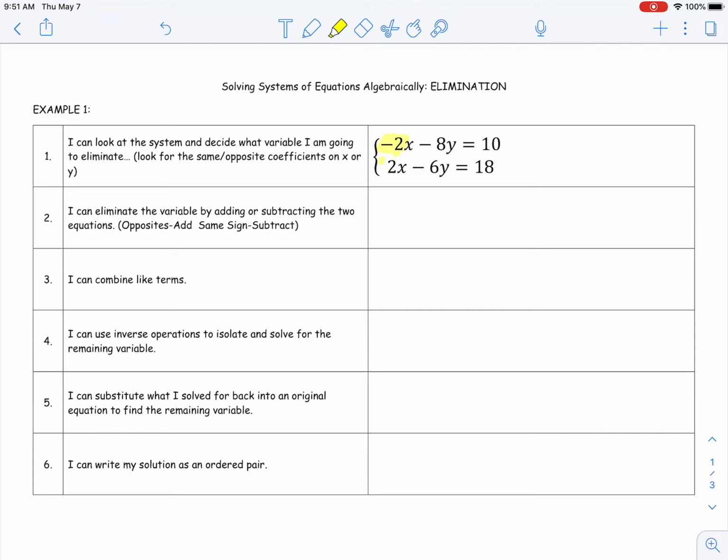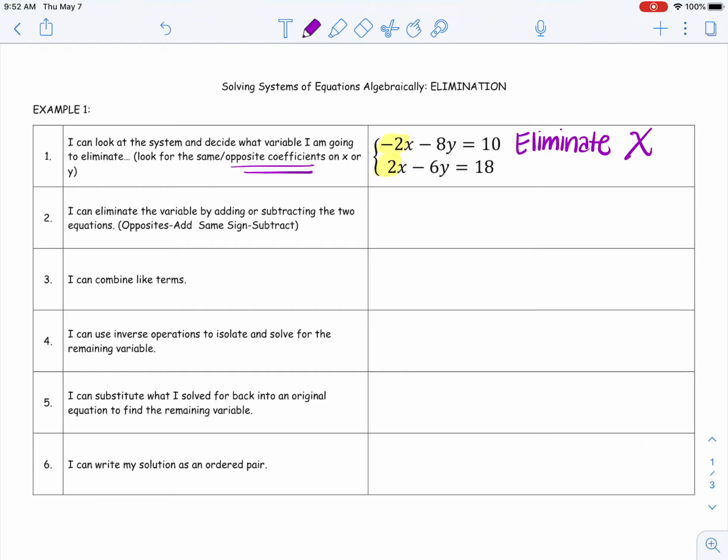So the fact that I have -2 and 2 in front of x, those are opposite coefficients. So I'm going to make the decision to eliminate x. Okay, so we are going to eliminate the variable x, because if we get rid of x, then we only have y, and we know how to solve when we only have one variable.